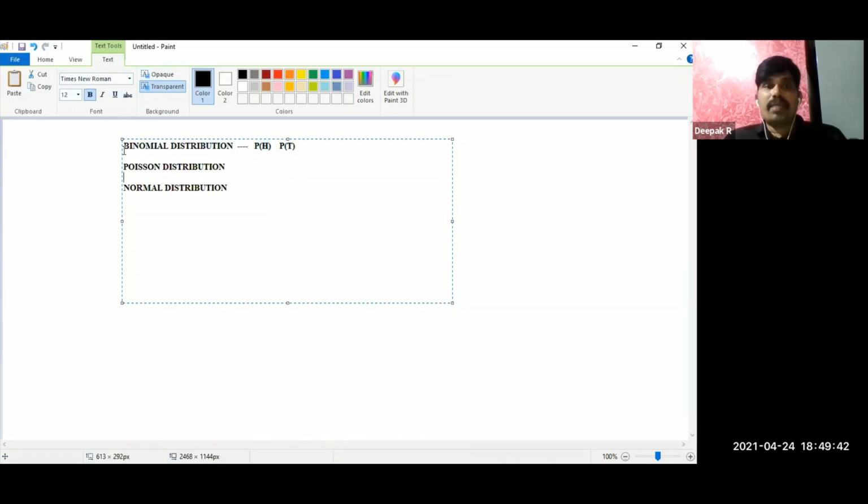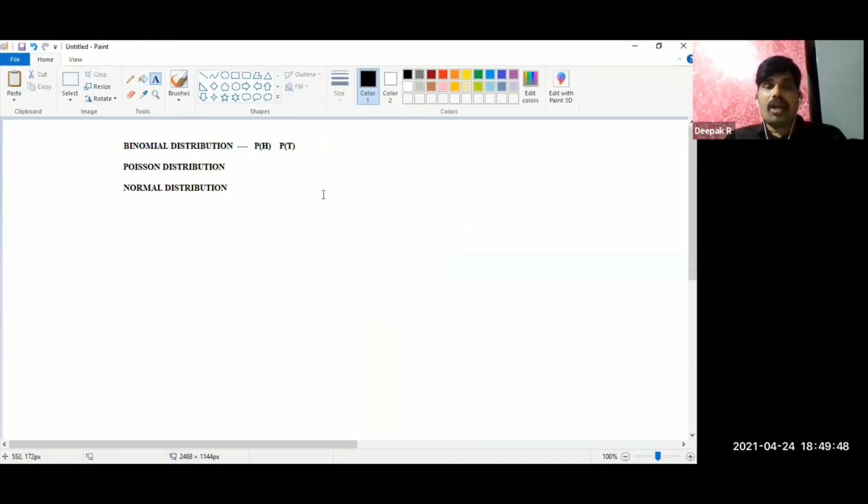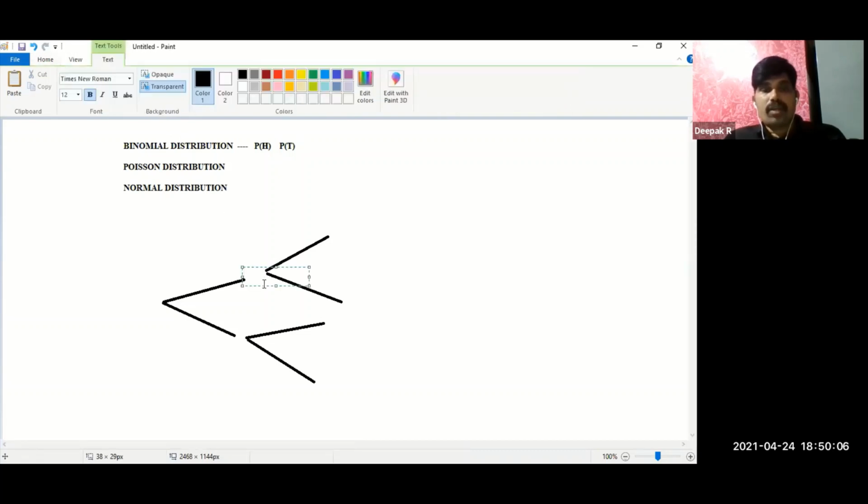So if I take this concept of binomial distribution and adopt the same thing, when you come across specifically binomial option theory, once I have got the head, what is the probability of me getting head once again, or what is the probability of me getting a tail?